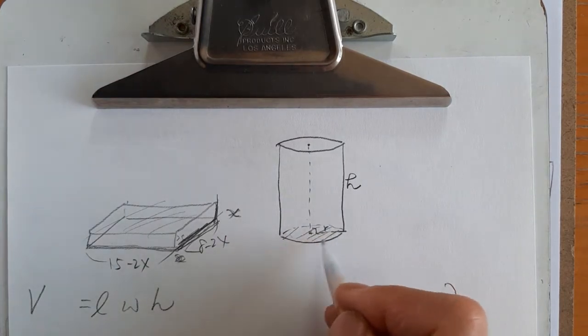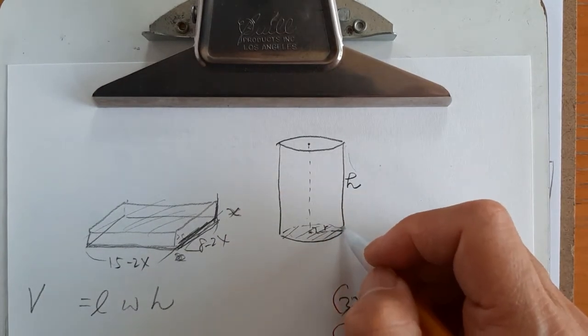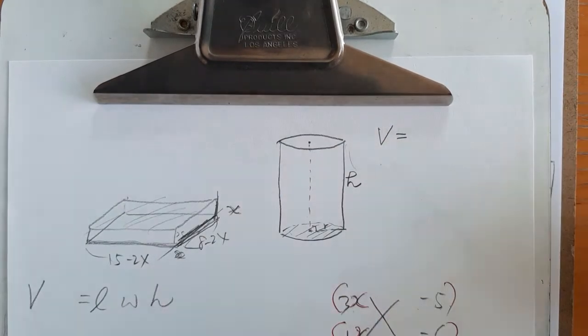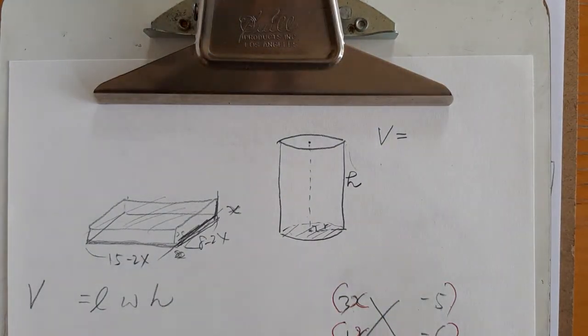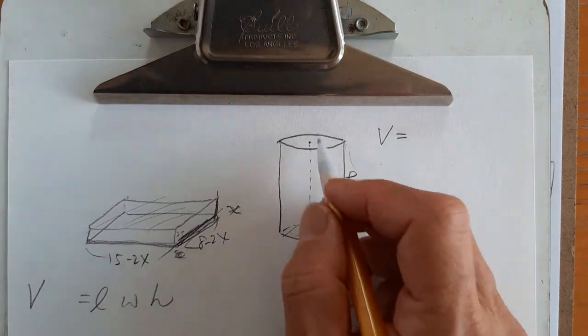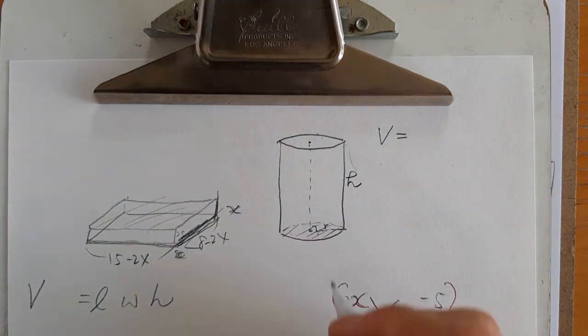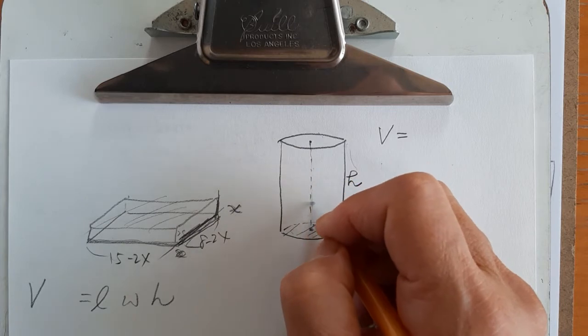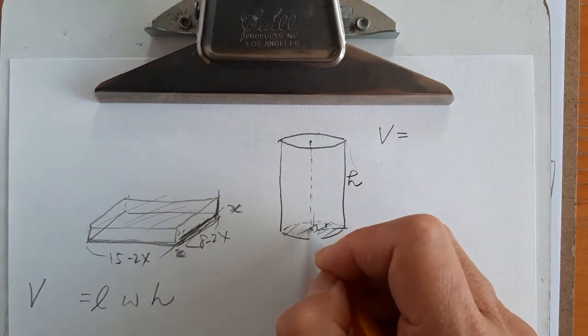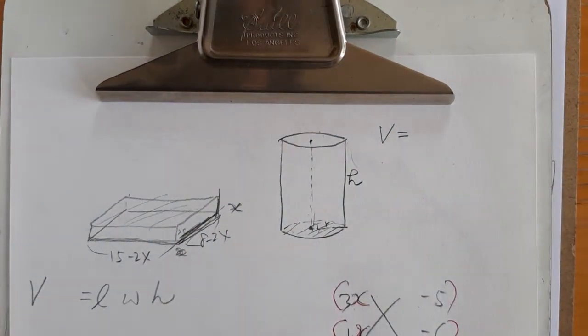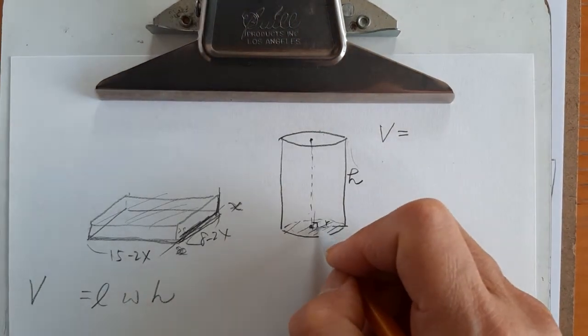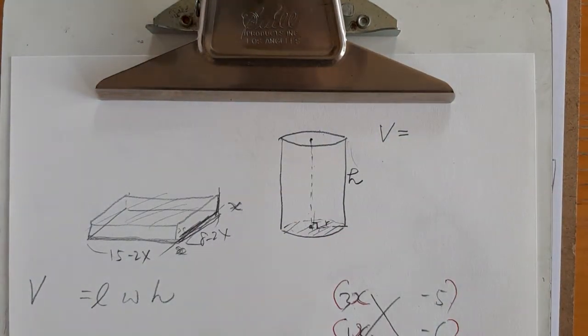Circular means the bottom and the top are both circles. Right means this height goes perpendicular down through the center of the top and the bottom. This we call a cylinder.